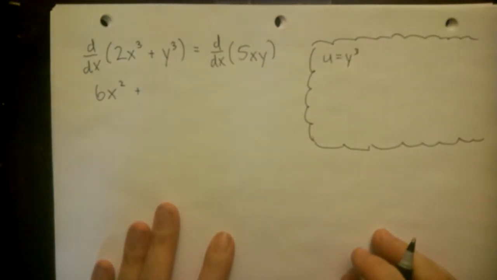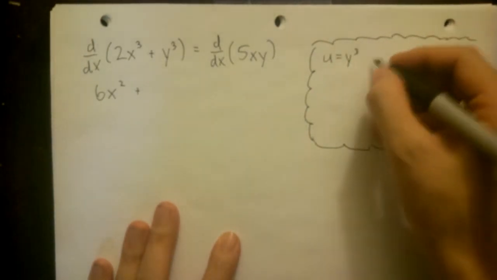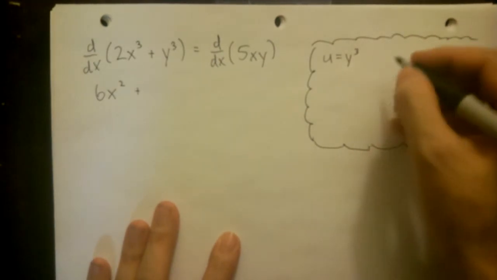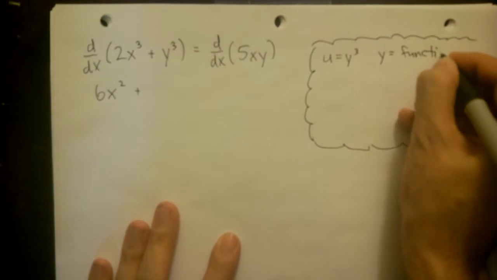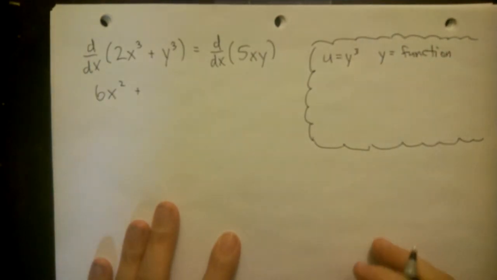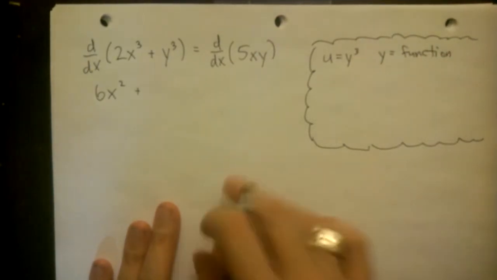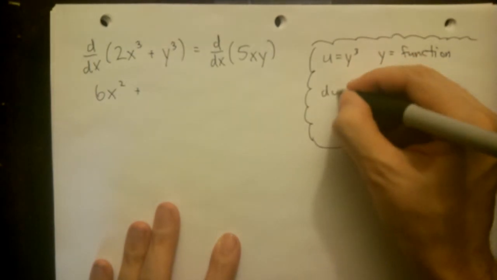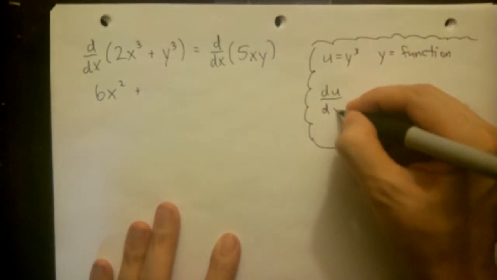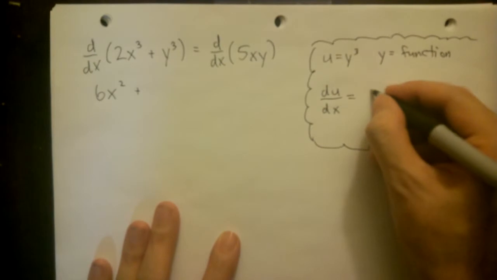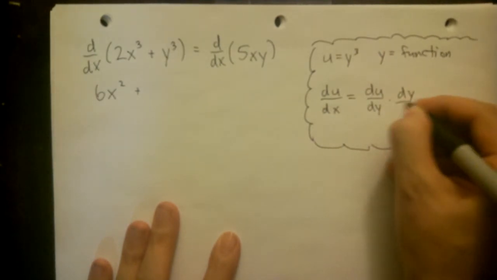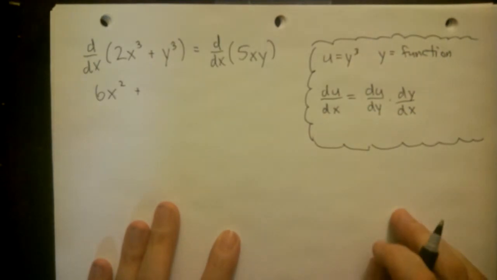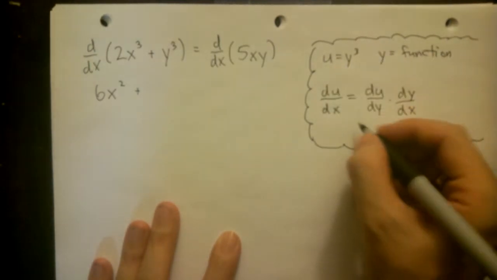Let's just say that u is y cubed. And the trick is think of y like a function. So we say that y is some sort of function. And now, by the chain rule, we know that du/dx is equal to du/dy times dy/dx. du/dy is easy.